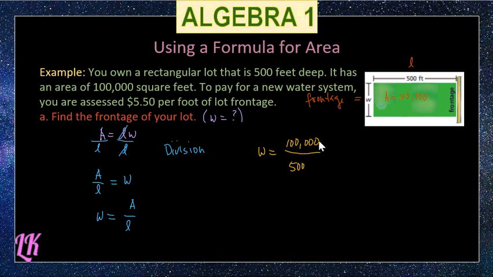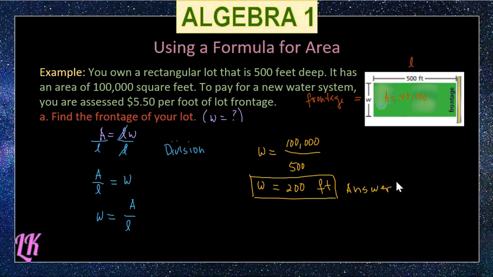So 100,000 divided by 500 is equal to 200. Width is a linear measure, therefore the frontage should be expressed in terms of feet. So this should be our answer for letter A.